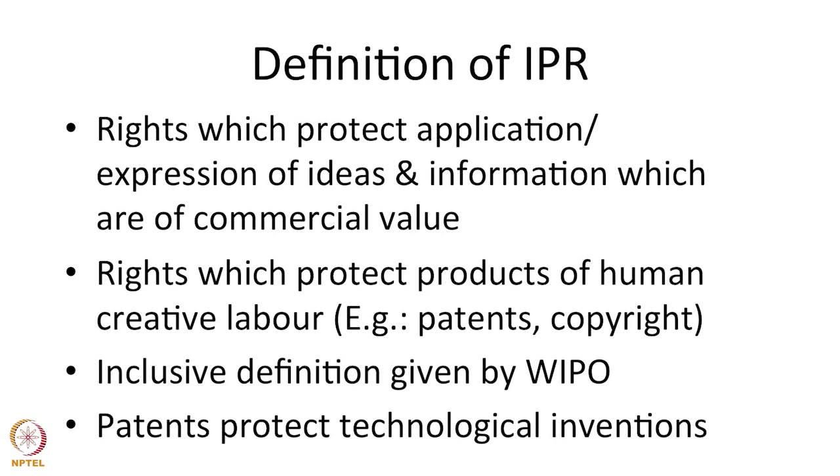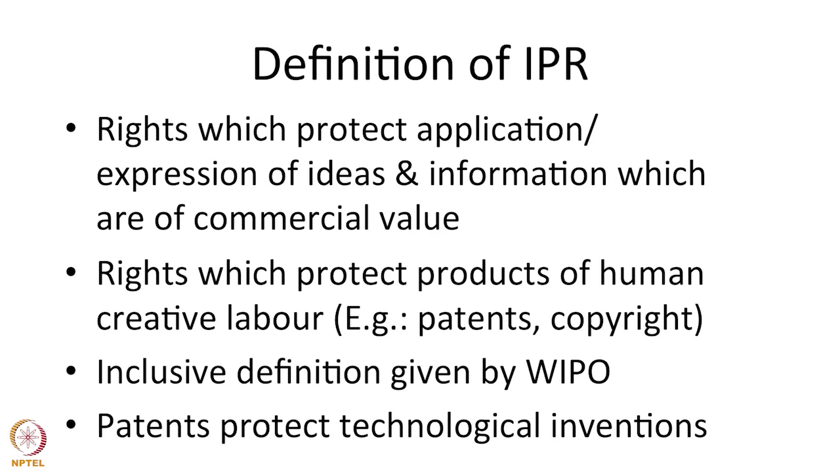When we peg the definition of intellectual property right to human creative labor, that itself creates some problems, because we have today something called geographical indications where no human creative effort is technically involved. But nevertheless, when we put the emphasis on human creative labor, we are referring to the origin of intellectual property, because intellectual property originated through copyrights and patents. Those were the two initial rights that emerged.